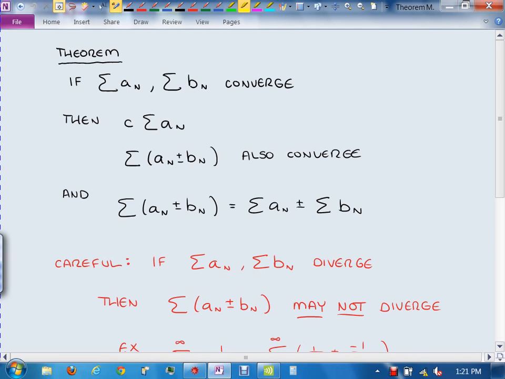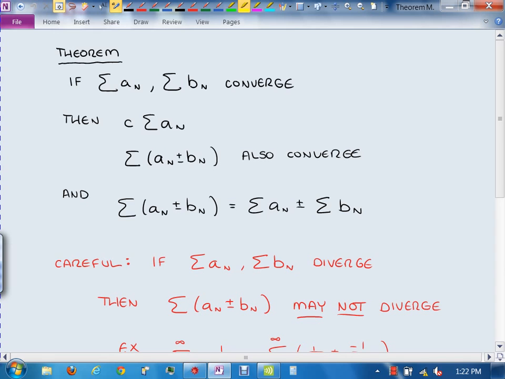All right, this is something I didn't cover. It's out of 8.2. It's something I didn't say last class. It's just a theorem. It says that if you have 2 series that converge, one series has a certain sequence inside of it, another sequence here. If both of those converge, then if you multiply the series by a constant, or if you add these 2 series together, that answer also converges.